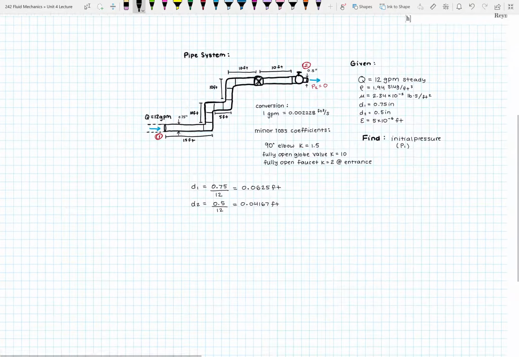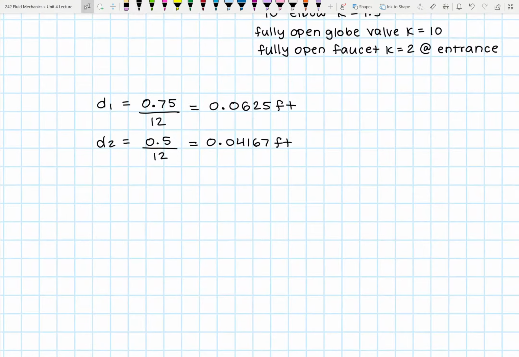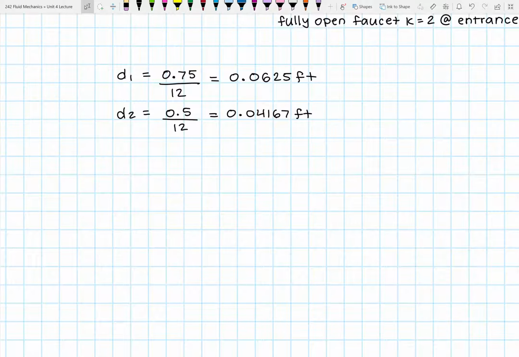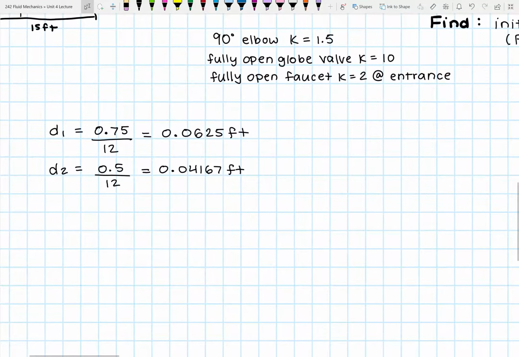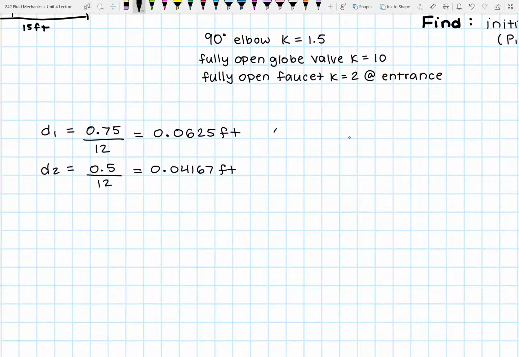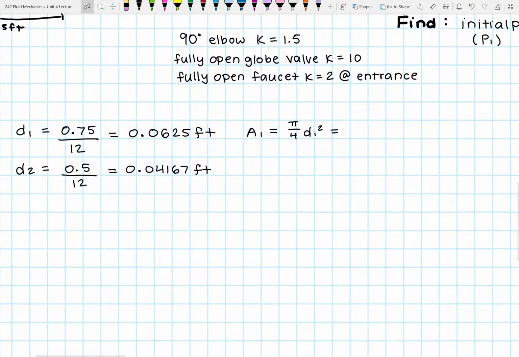And as you start to do more and more of these problems, you'll notice that you're dealing not just with diameters, but also a lot of area calculations. So why don't we just go ahead and find the areas for each of these pipe sections while we're at it. The area is going to be pi over 4 times the diameter squared, which in this case is going to give us, for diameter 1, 0.003068 feet squared.